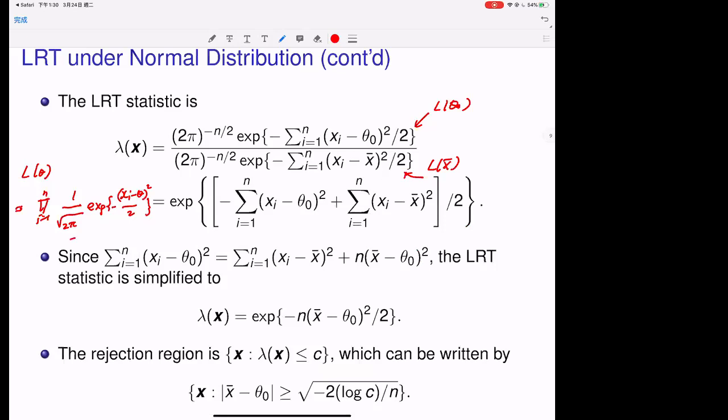So that means this is 1 over square root of 2 pi to the n, then exponential of minus one half summation of (xi minus theta) squared.